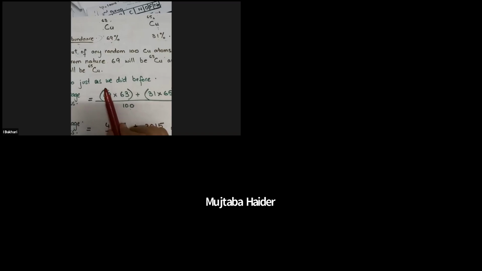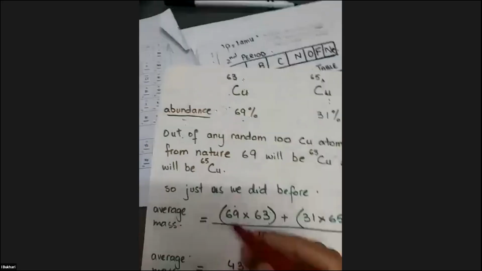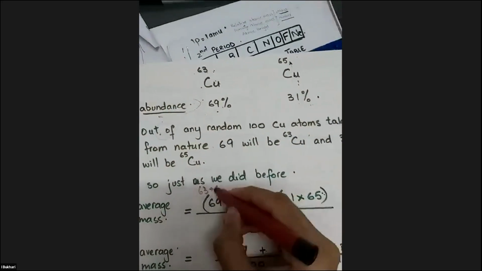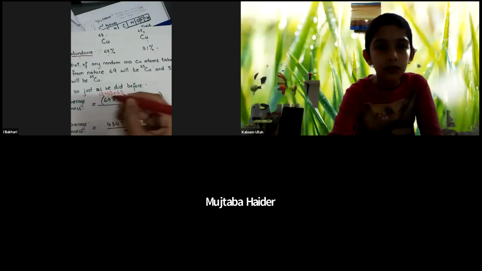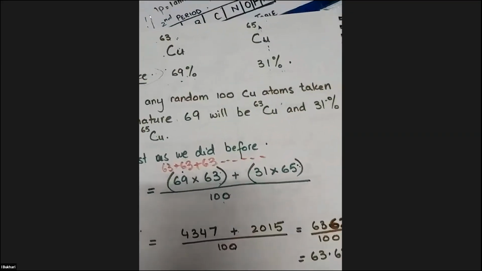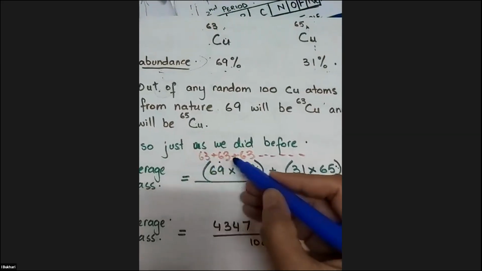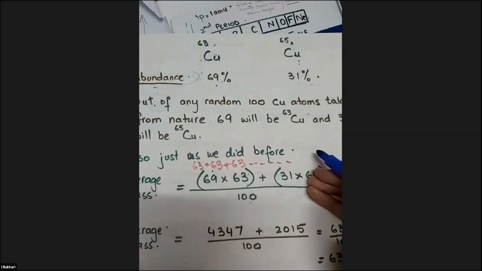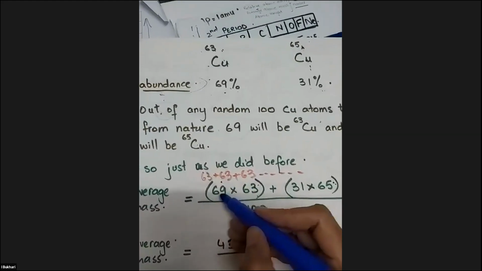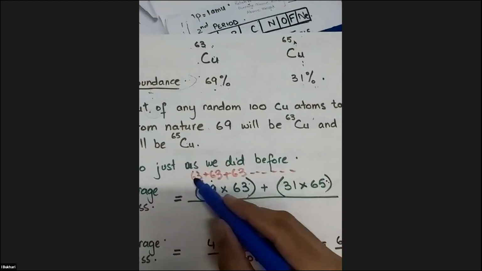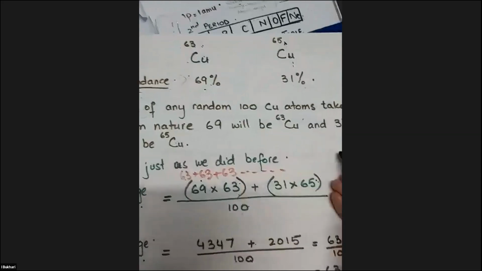To find their total mass, I would add 63 plus 63 plus 63, 69 times, and so on. Instead, I simply multiply 69 by 63, which gives what I would get by adding 63, 69 times.